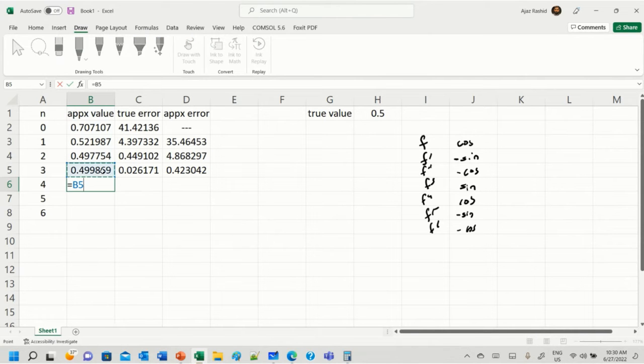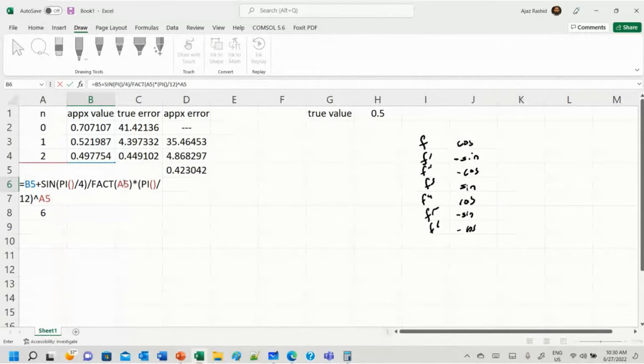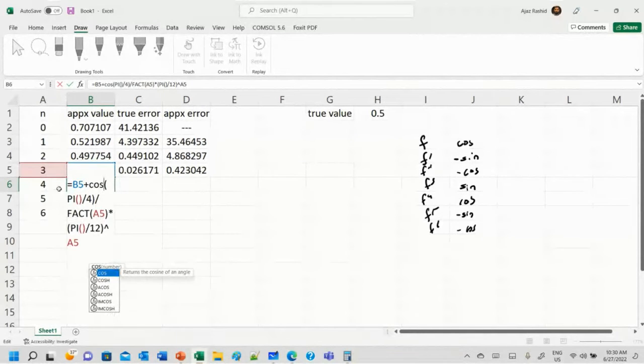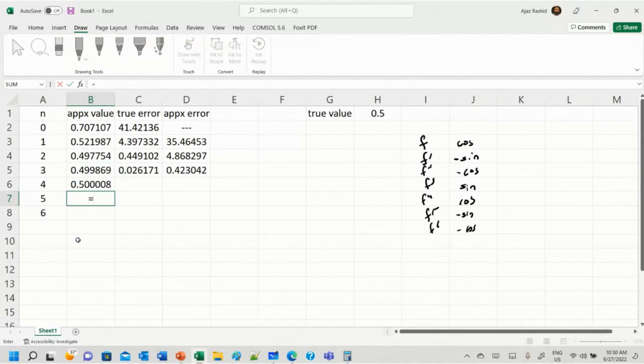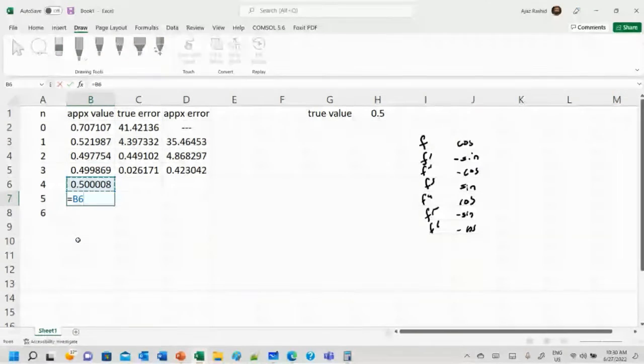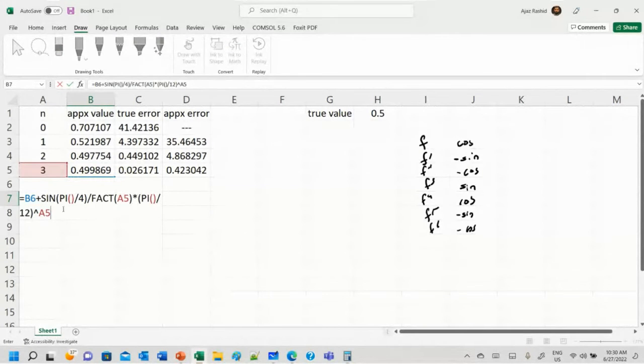So this is this, and now the fourth one is cosine. So instead of sine, I'll write cosine, and of course I change the values. Then we have minus sine, so I'll make it minus.